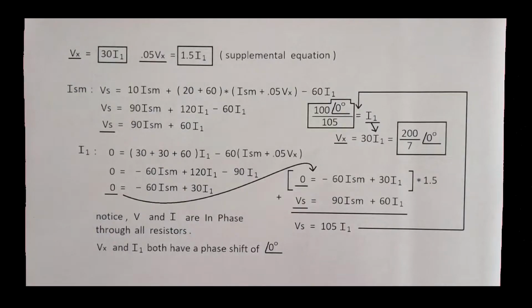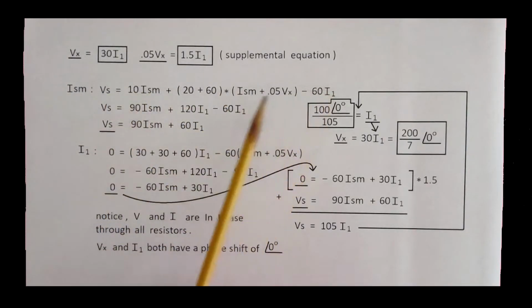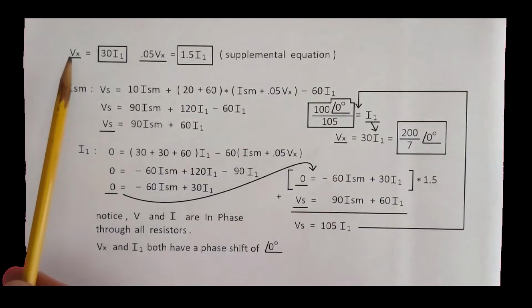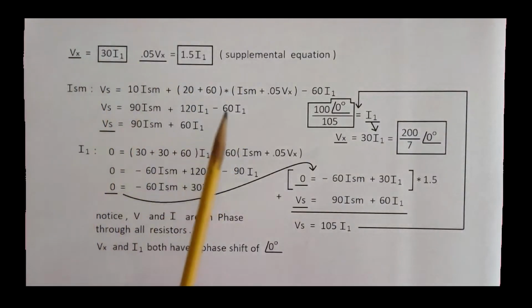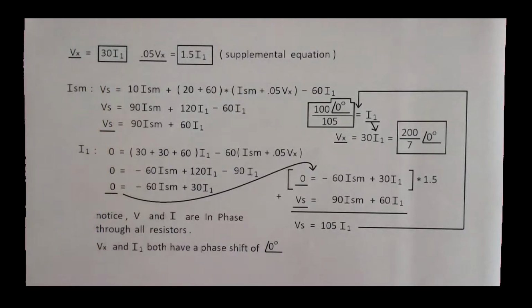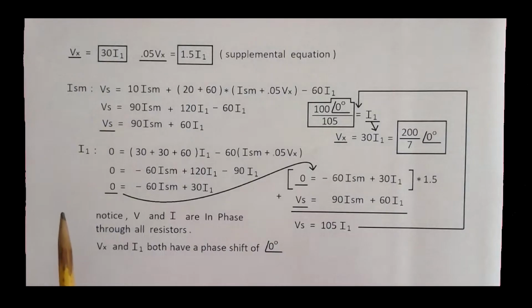The writing of the initial equations, like I said, is the most critical part of everything. Here I've repeated the supermesh equation and the I1 equation for both meshes. Here I have supplemental equations. Vx, which is at our load, is equal to 30I because we replaced X with the 30 ohm resistor.